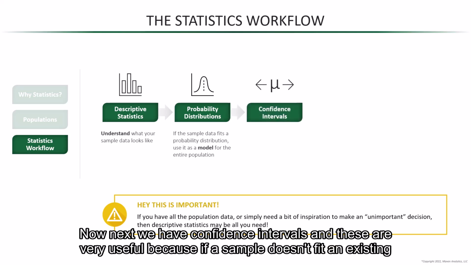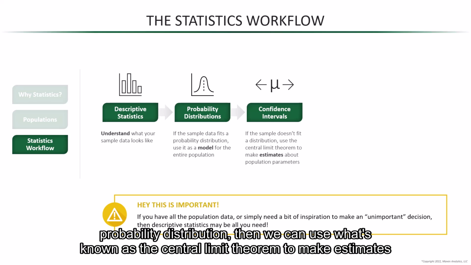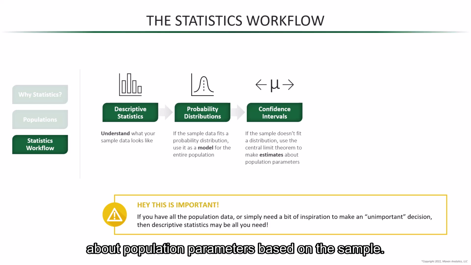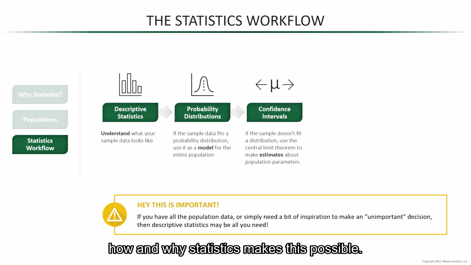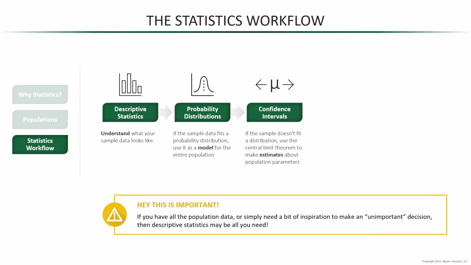Now next we have confidence intervals, and these are very useful because if a sample doesn't fit an existing probability distribution, then we can use what's known as the central limit theorem to make estimates about population parameters based on the sample. And I'll introduce the central limit theorem by the time we get to this point, so you'll understand exactly how and why statistics makes this possible.